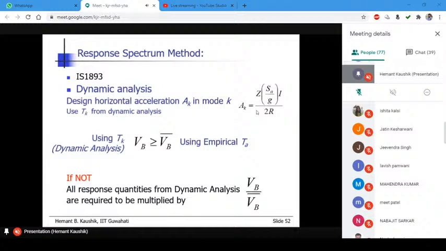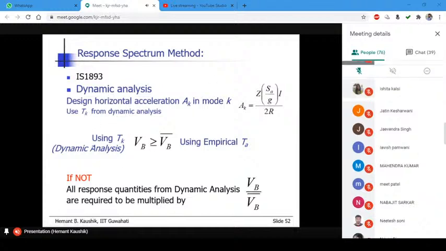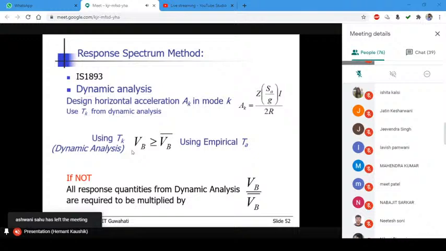So there is another interesting thing in the code. It says that if you calculate the design base shear using dynamic analysis, and you calculate the design base shear, which is VB bar, using the empirical natural period, this VB, which is calculated using dynamic analysis, should not be less than VB bar.